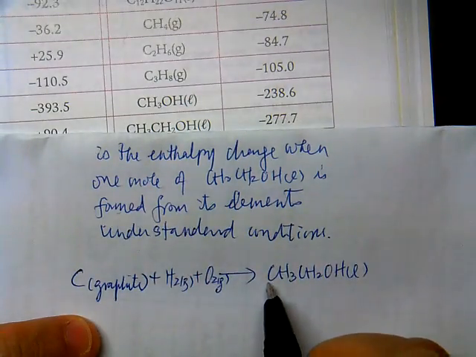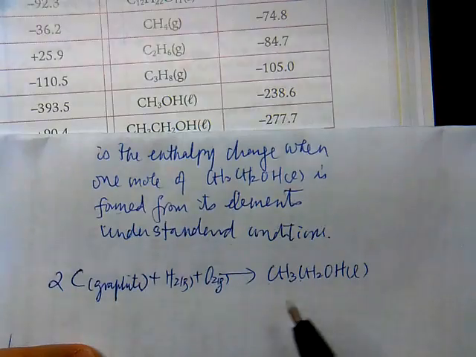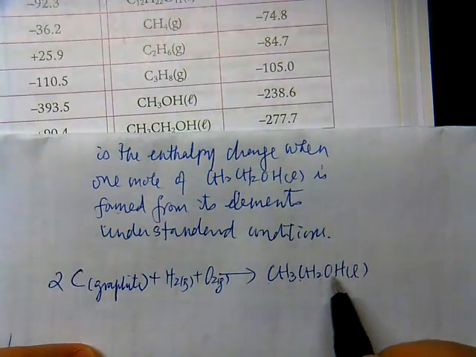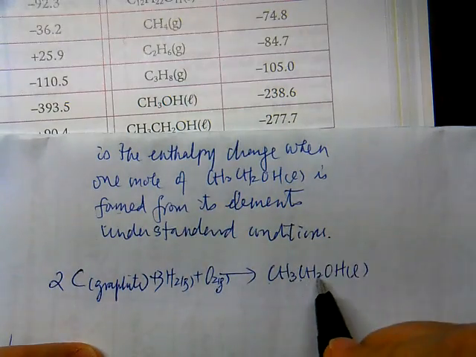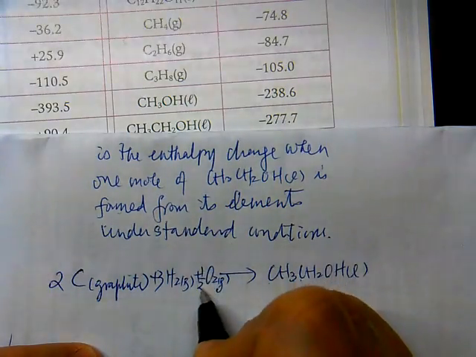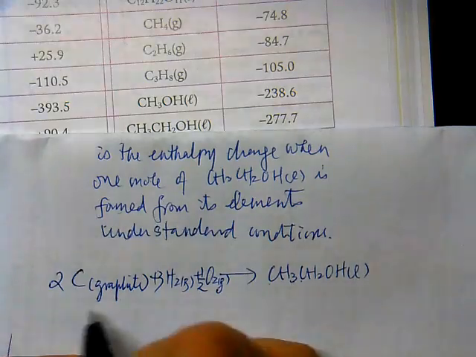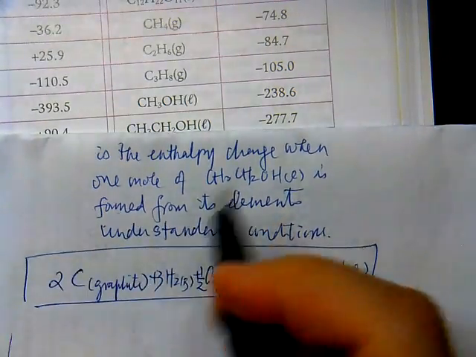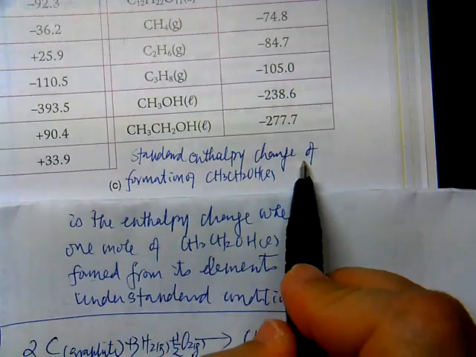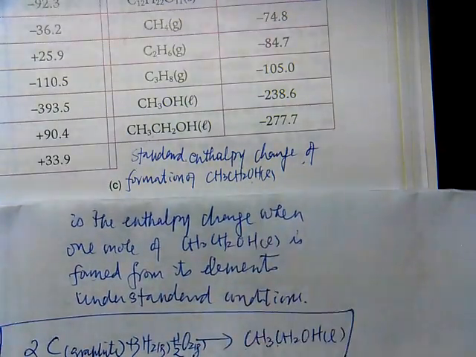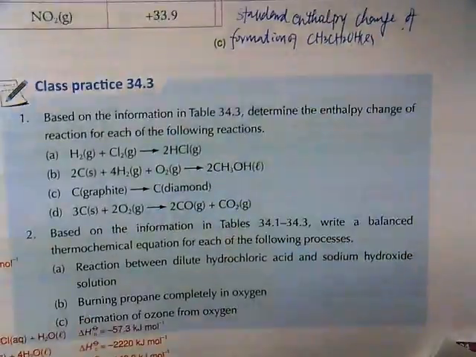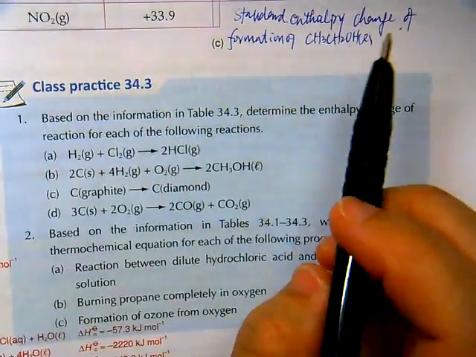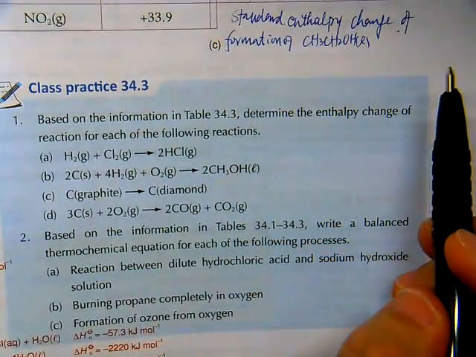Now balance the equation. 2 carbon, 3 hydrogen gas, and then 1 oxygen, so a half. Okay, this is the equation for the standard enthalpy change of formation of ethanol. Now, next, class practice 34.3. Please try to finish it.